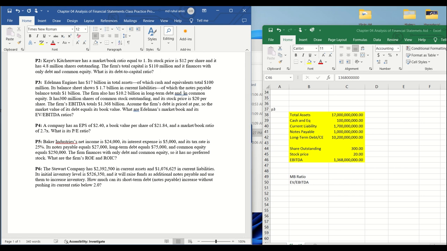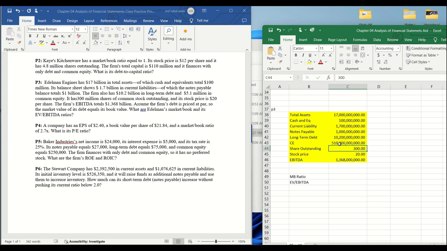So it should be 5.1 billion in common equity. This is our common equity.